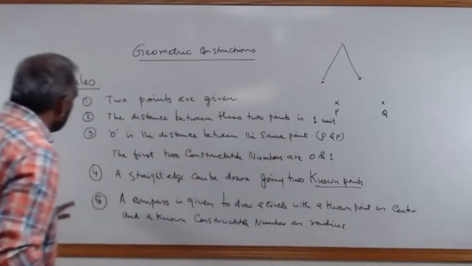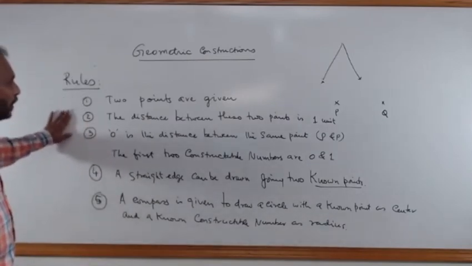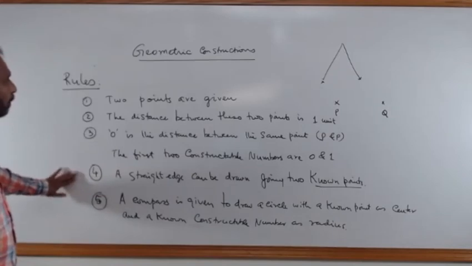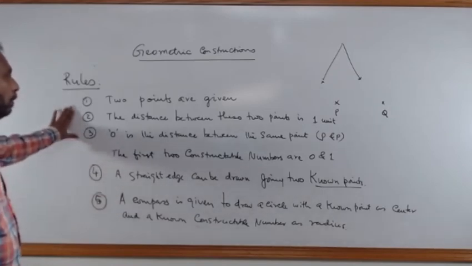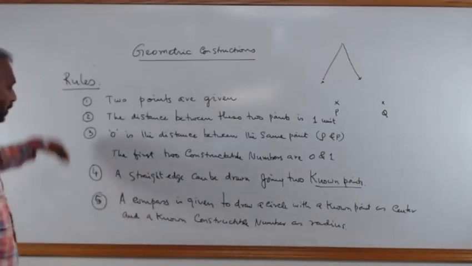So these are the rules, and we are going to find out what types of constructible numbers we can build from these rules.